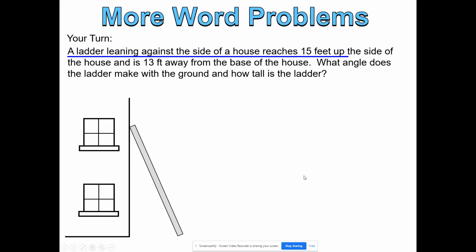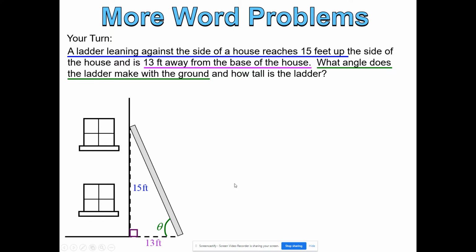Okay, so the ladder against the house reaches 15 feet up. It's 13 feet away from the base of the house. What angle does the ladder make from the ground? We want to know that angle right there. In respect to this angle, we're given an adjacent, and we have the opposite.